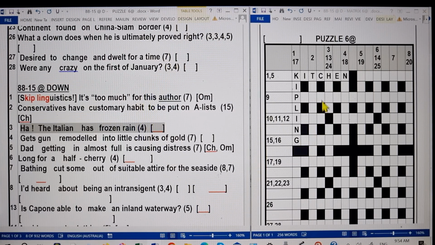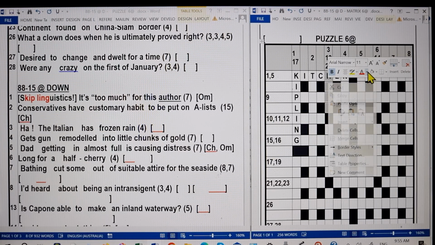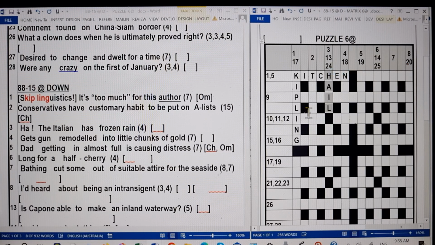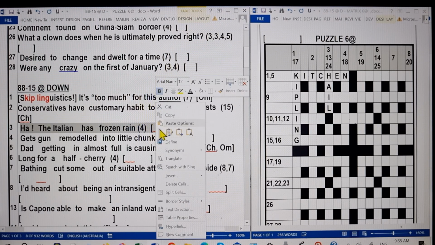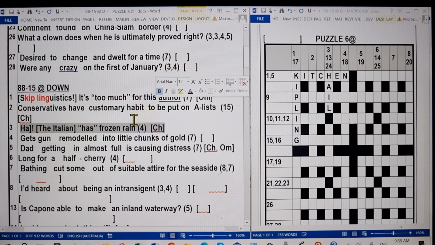Okay, you're back again. 3 down is going to be, I'm sure you've got it, hail. How do you get hail? Well, easy enough, because the key is frozen rain, and let's look at the whole thing. The key is frozen rain, which is hail, of course, and ha, the Italian.